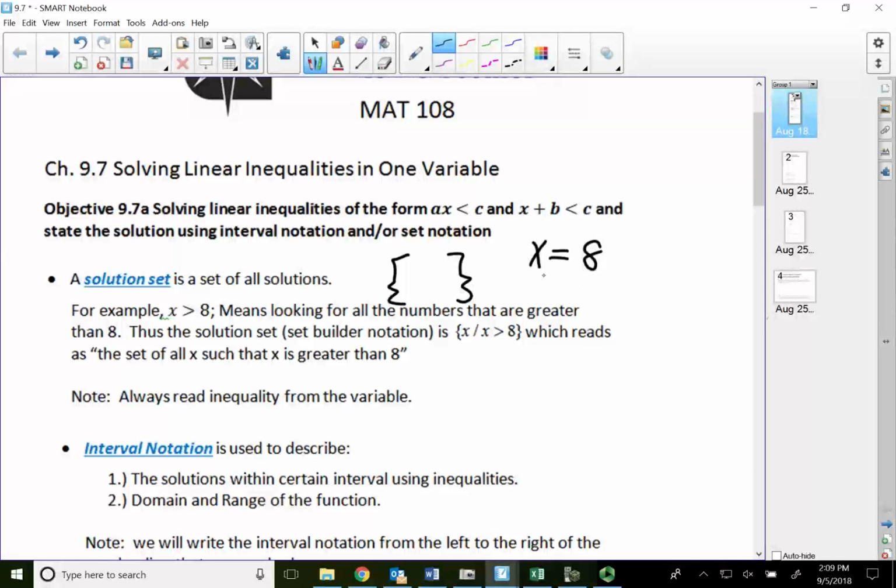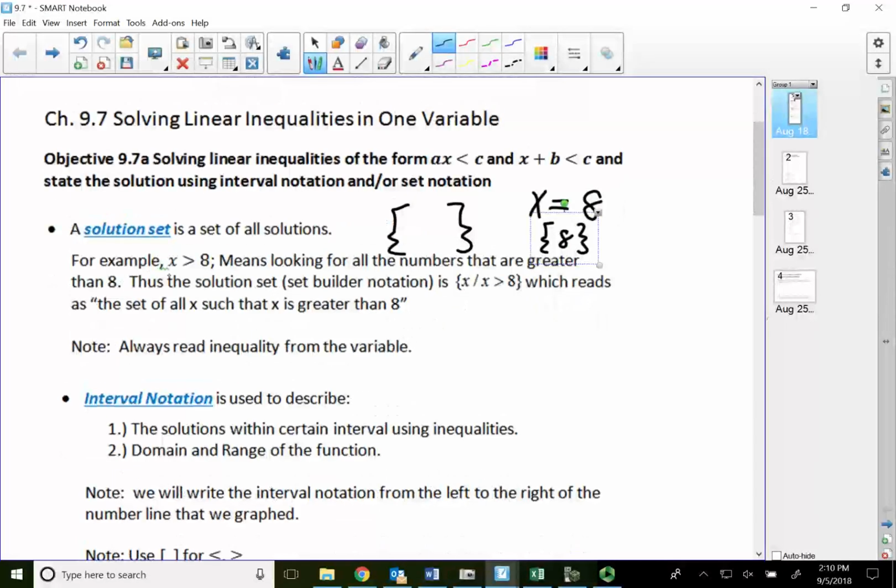So in my set, I can just write my answer 8 in it. Now, since we are dealing with inequality, x greater than 8 actually means we will be looking for all the numbers that are greater than 8.